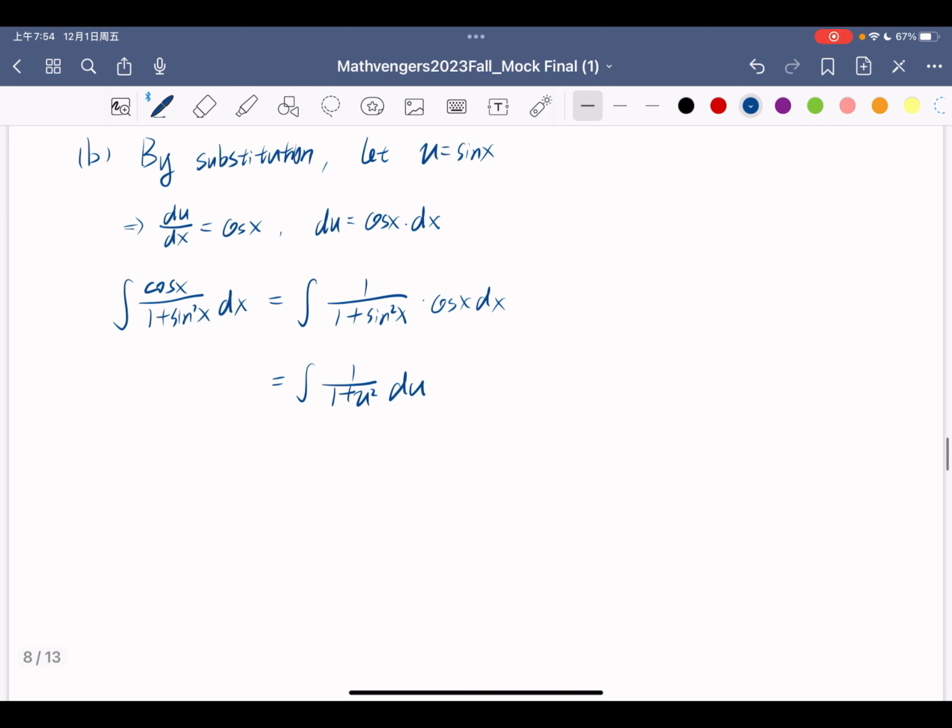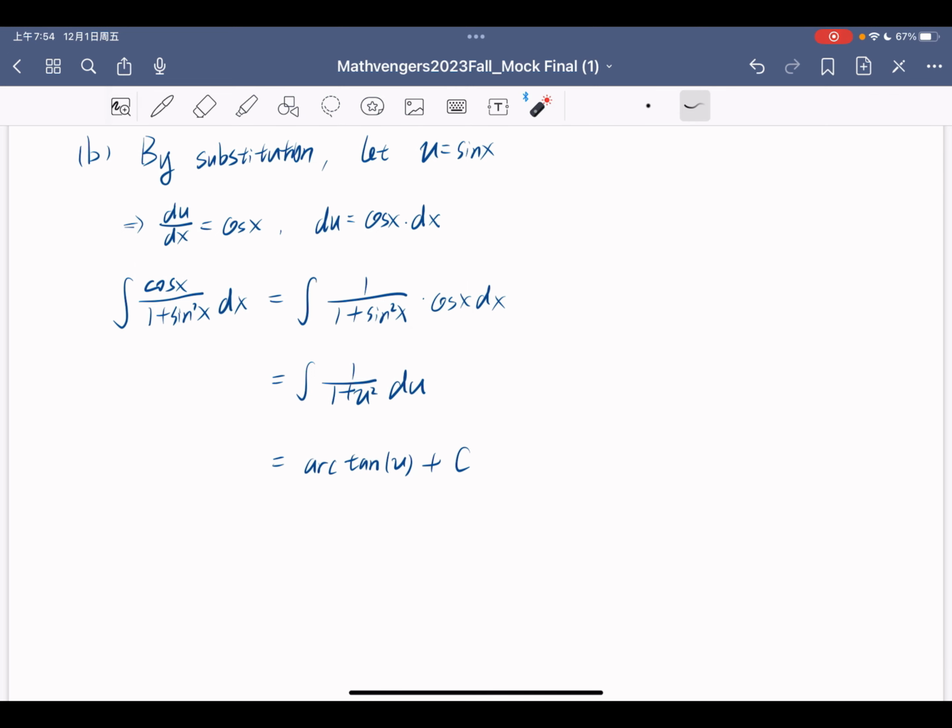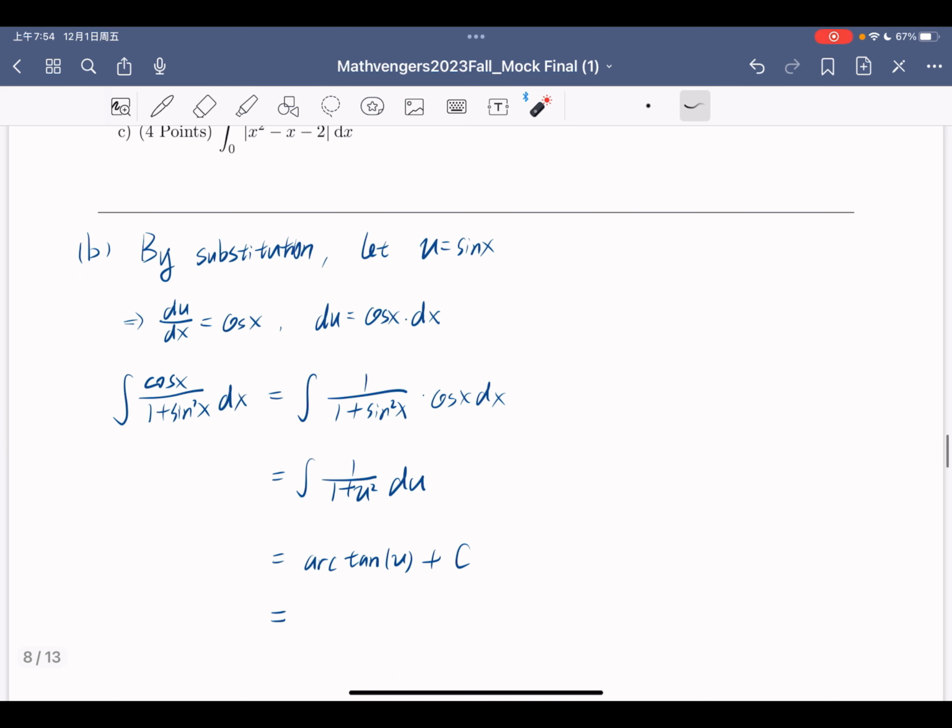Okay, by the formula, the integral of this is equal to arctangent u plus capital C. Remember that when you use substitution, you need to rewrite the answer in terms of the original variable. We let u equal sine x, so we need to resubstitute to get a function of x.